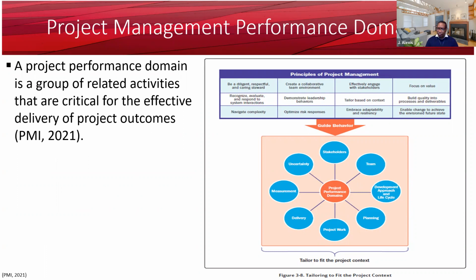Engaging stakeholders, for example, or working as a cohesive team are part of the performance domains in project management. Development approach and life cycle, planning, project work, delivery, measurement, and uncertainty are what the PMI calls project performance domains. The group of related activities that are critical for the effective delivery of project outcome.